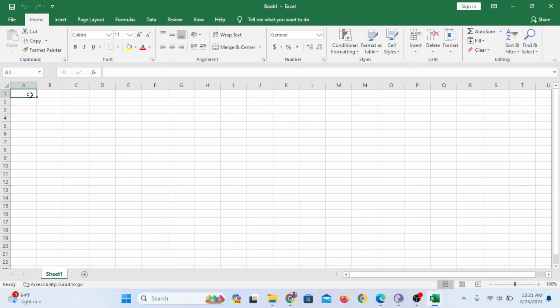So I'll highlight around 3 columns here. The first thing is the name of the company, Majimatamu.